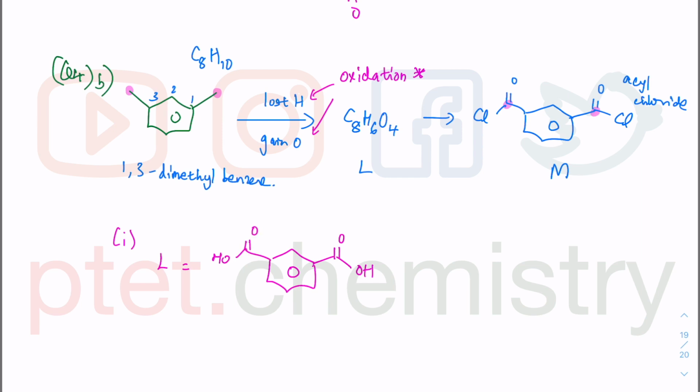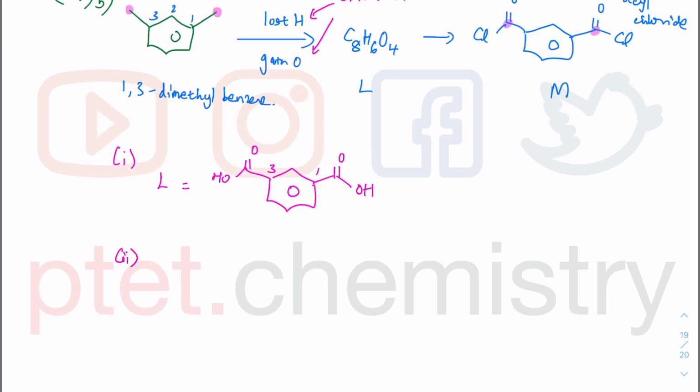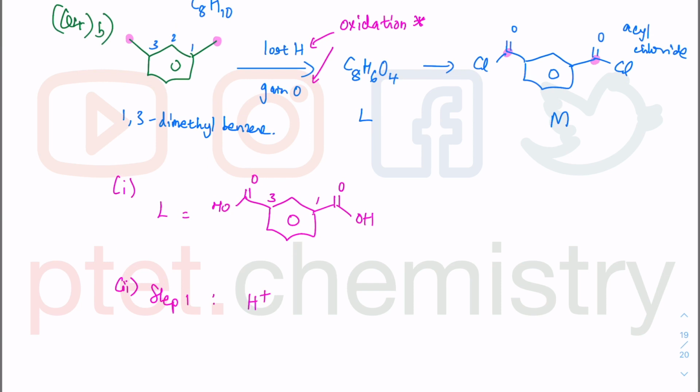So it's a 1,3 position, and it's a dioic acid, so it's not just benzoic acid. This is oxidation of the alkyl side chain of benzene as stated in the A2 syllabus. So in terms of reagent and condition, step 1 is oxidation. This one can only work if you have acidified KMnO4.